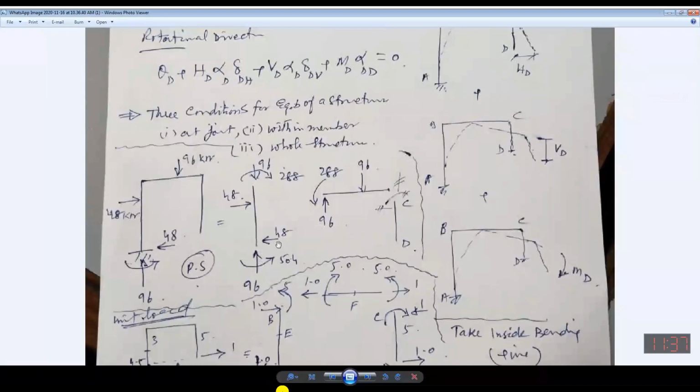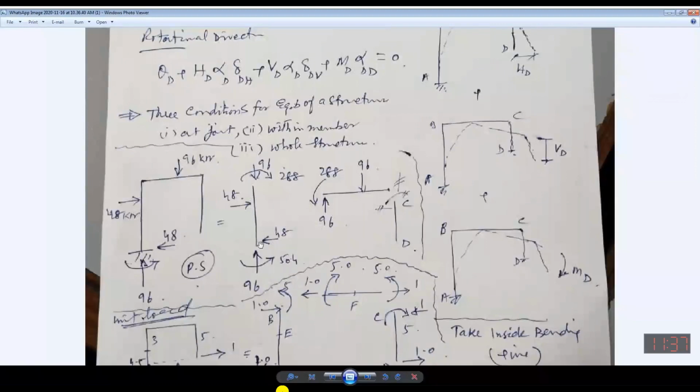Now, due to 48, what will be the nature, sagging or hogging? It will be this one. Inside it will be tension. Am I right? There will be sag due to 48. Is it okay, Ayan? Yes sir.